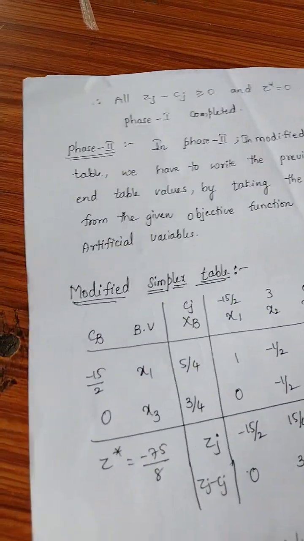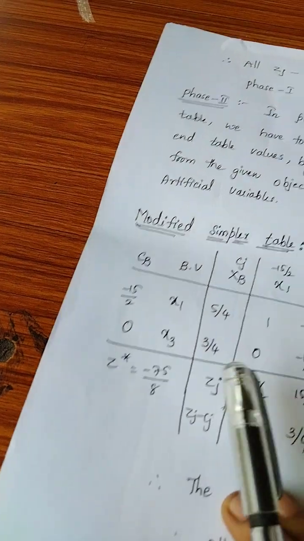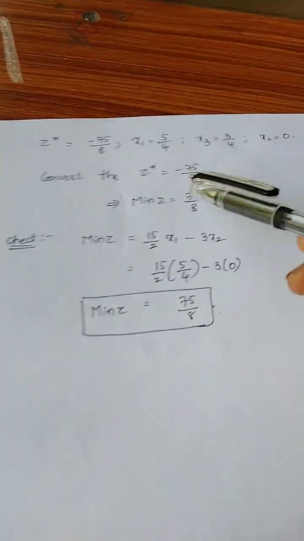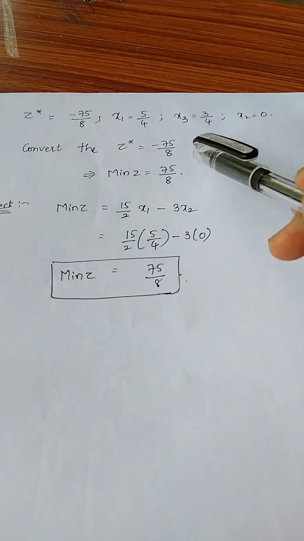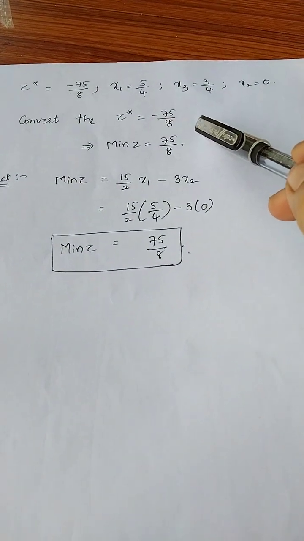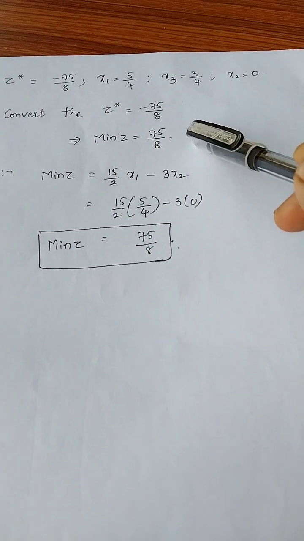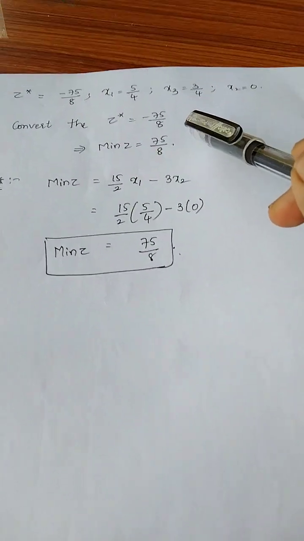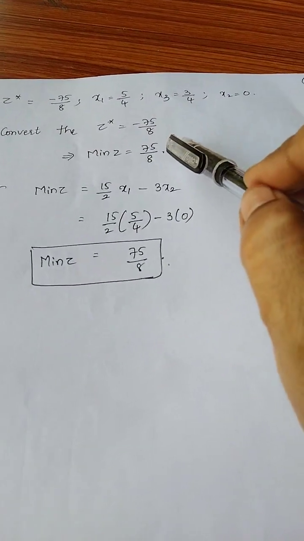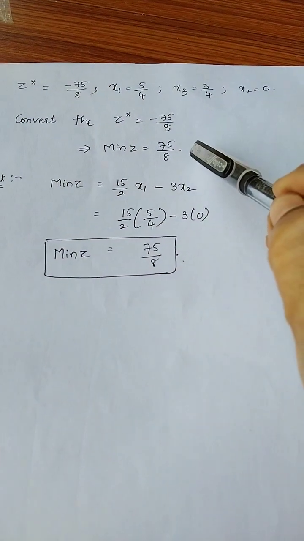You are going to check this by keeping the values of x1 and x3 in the objective function. So here Z star is equal to minus 75 by 8. Minimum Z, you are going to get by multiplying it with minus 1, that is 75 by 8.